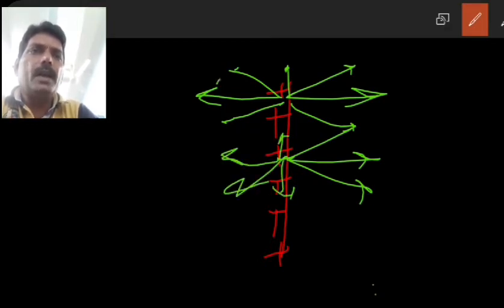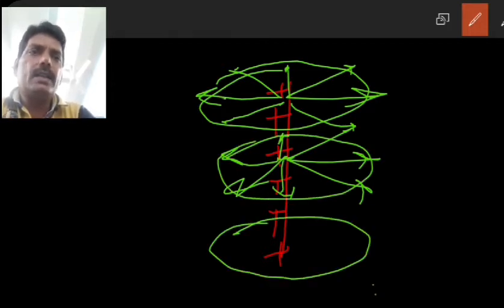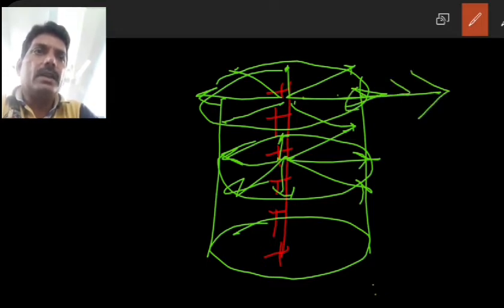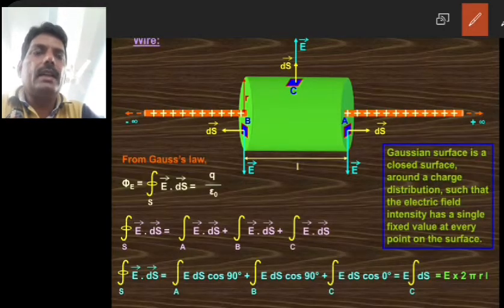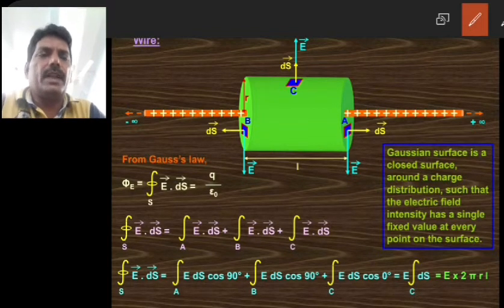And if you make a circular portion and connect it for all these charges, you will get the cylinder. So ultimately the electric field intensity is in this direction, and the ds area vector is also in the same direction. So the electric field intensity in this case is constant. That's why it's taken outside.